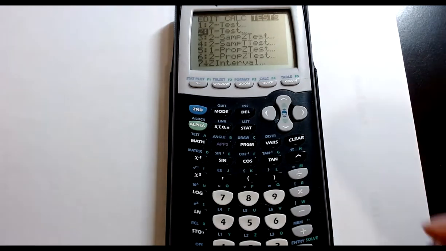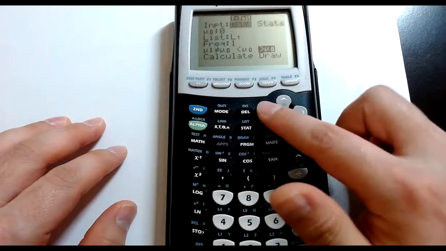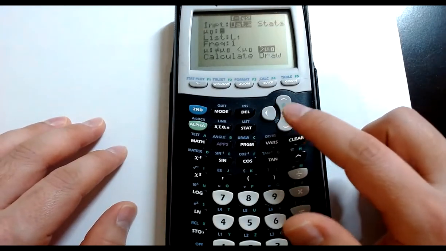Since we created one single sample data set using the two dependent sample data sets, the rest is pretty much the same steps as what we did in chapters 7 and 8.